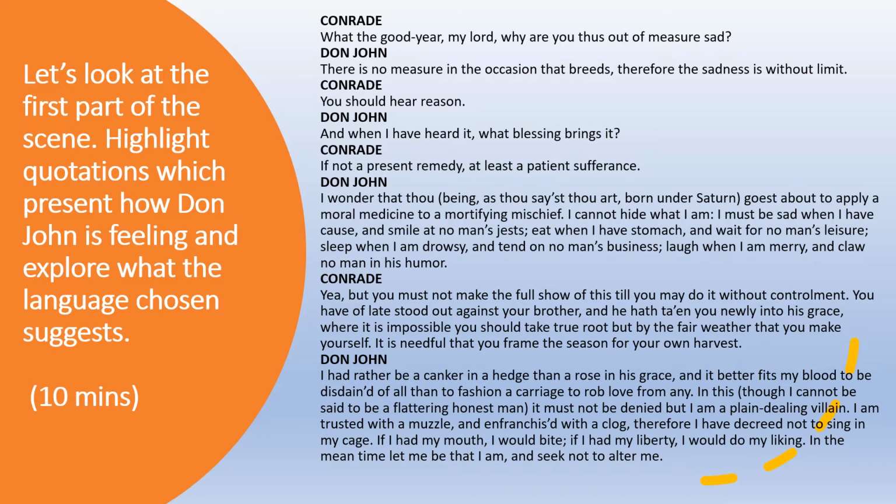In this, though I cannot be said to be a flattering honest man, it must not be denied but I am a plain-dealing villain. I am trusted with a muzzle and franchised with a clog. There I have decreed not to sing in my cage. If I had my mouth I would bite. If I had my liberty I would do my liking. In the meantime, let me be that I am, and seek not to alter me.